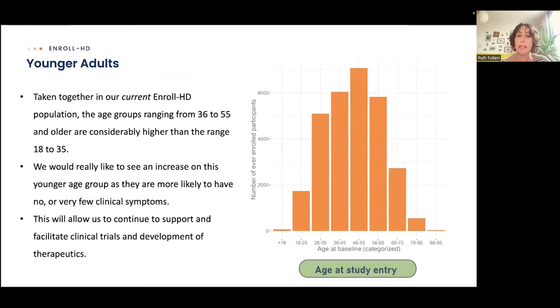What we want to see is an increase in this younger age group, as they're more likely to have no or very few clinical symptoms. And this is something that we think is important to allow us to support and facilitate clinical trials and the development of therapeutics, and again help us develop and identify those outcome measures which are sensitive preclinically, and those biomarkers which are going to be of use in clinical trials.